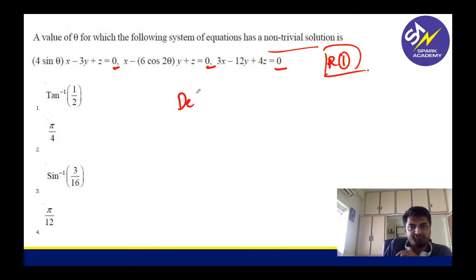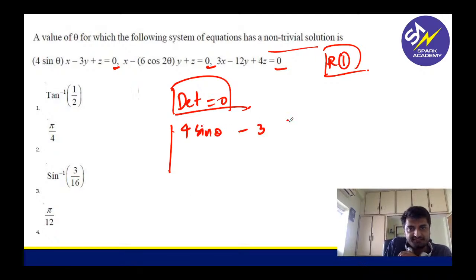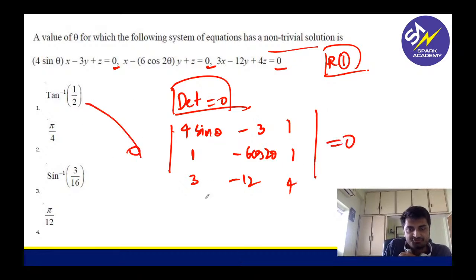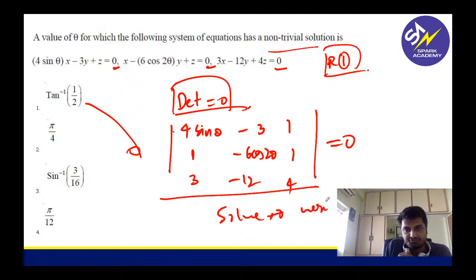Det should be 0. Very good, Indranil. Det 0. So what will I get? 4 sin theta minus 3, 1. 1 minus 6 cos 2 theta, 1. And 3 minus 12, 4. That should be 0, and then verify options. Solve. Verify options. Easy peasy, guys.